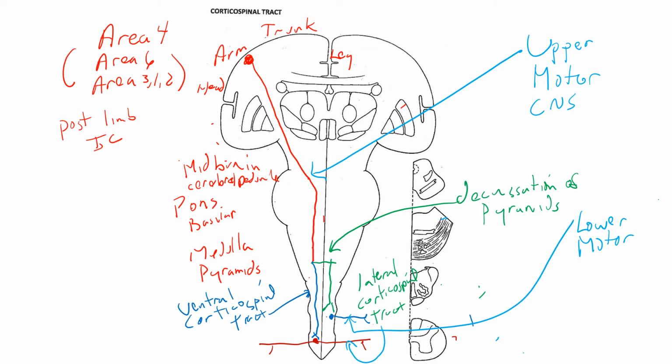Lower motor neurons are going to begin in the central nervous system, but they are going to distribute through the peripheral nervous system. This is important later on when you get to clinical neurology, because the signs and symptoms of a paralysis due to an upper motor neuron lesion is much different than a lower motor neuron lesion.